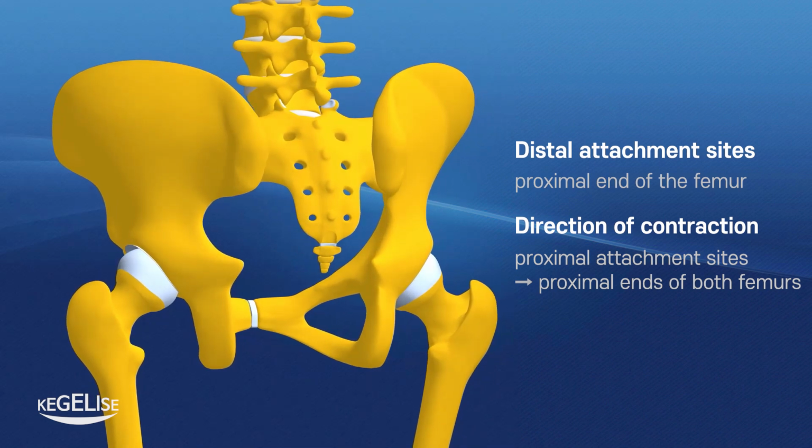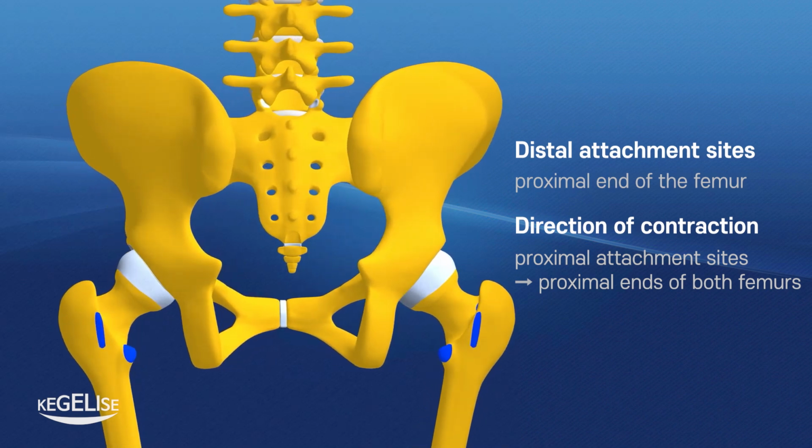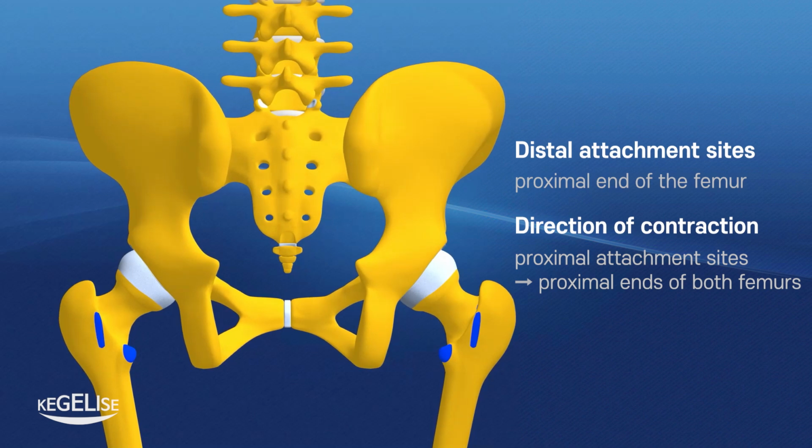The distal attachment sites of the iliopsoas, obturator externus, and quadratus femoris muscles are all located at the proximal end of the femur. Therefore, when performing pelvic nutation exercise, contract these muscles in the direction from their proximal attachment sites to the proximal ends of both femurs.